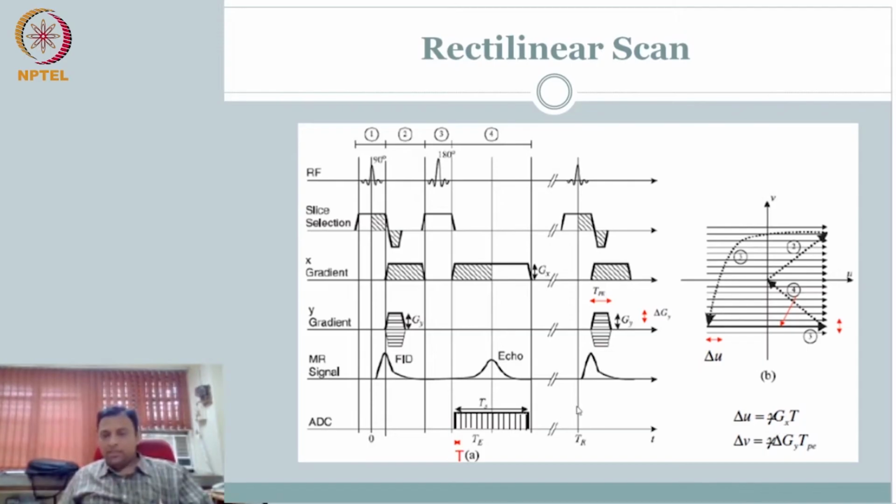Now gamma GX times this T is going to be your frequency delta U. Likewise, your delta V will be gamma delta GY operated for TPE. Same jargon that we did before, but before we had TS, now this T is one time period, therefore your delta U is your delta U.